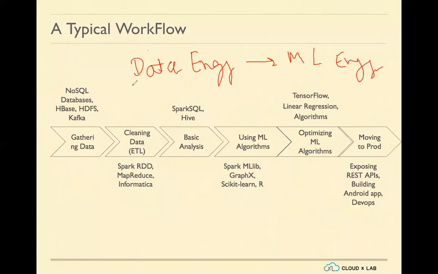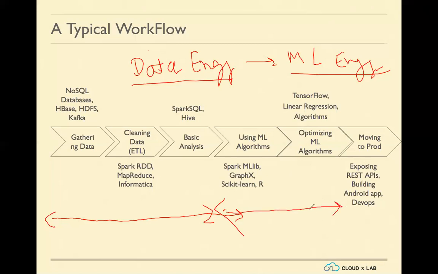Okay, so as part of the data engineer, you will be responsible from here till here. And as part of ML engineer, you will be responsible for the entire pipeline.